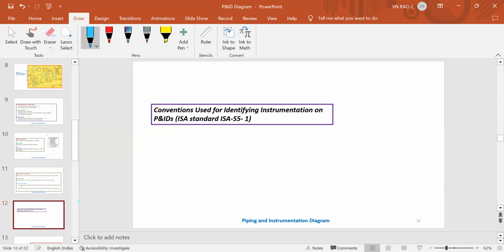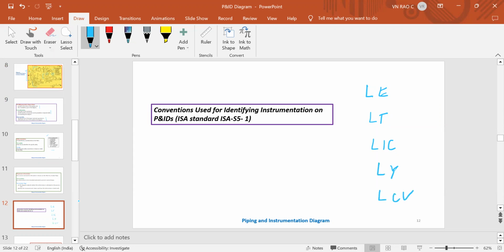Now see, what are the conventions used in identifying instrumentation? That means P&ID has certain instrumentation. Suppose I have LE, LT, LIC, LY, LC.